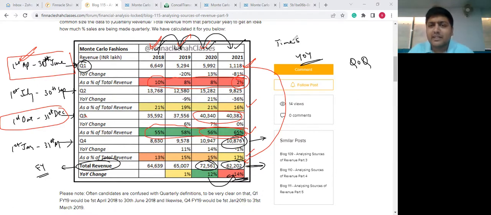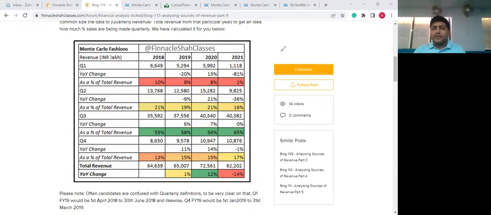Now, once you have done this analysis, let me give you another very important observation. So if you see that in 2021, quarter one, which was precisely April to June, April 20 to June 20 to be precise. Well, the entire world was going through lockdown, right? Consumer spending was hit really bad.